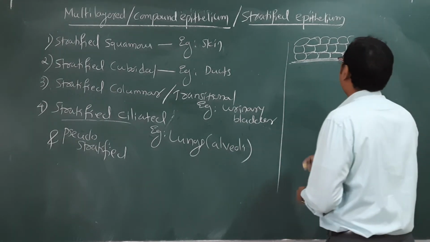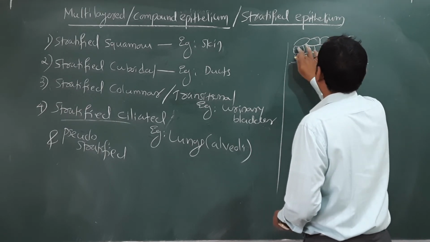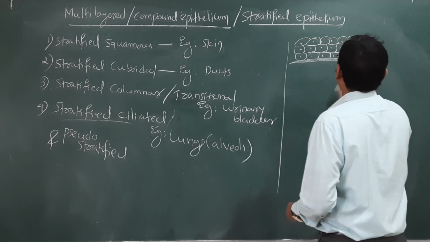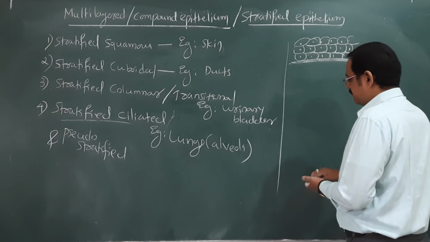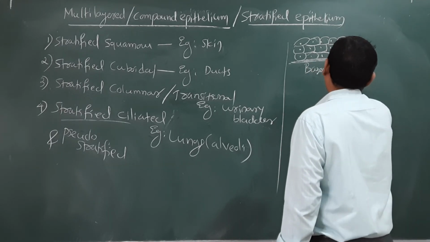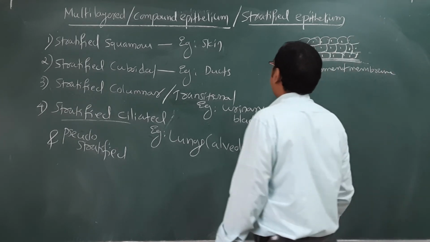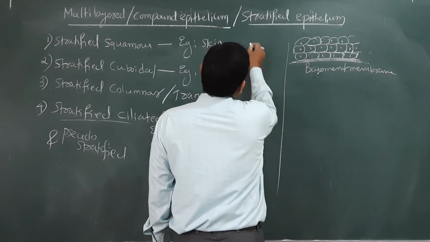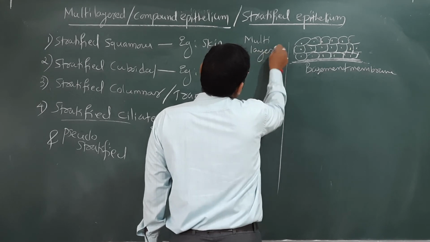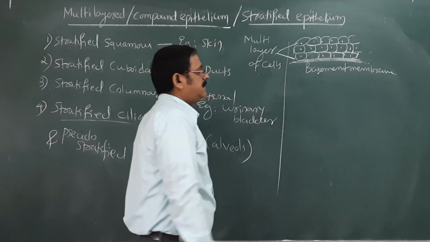So this is what we are observing inside. All of them are uninucleated, and we are finding the basement membrane and multiple layers of cells. All these are epithelial cells only.